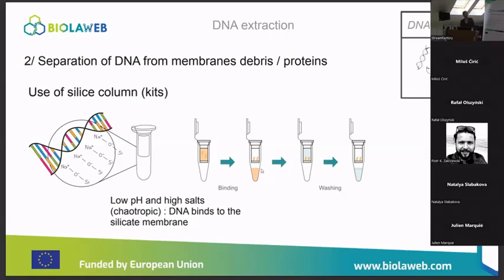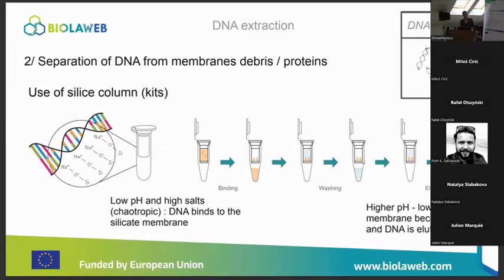And then you remove this, and then you can also add washing steps to be sure that you will only have DNA at the end. And when you change the conditions with higher pH and low salts, the silica membrane becomes negative and the DNA will separate from it. And then you can elute your DNA, putting a small volume of solution.